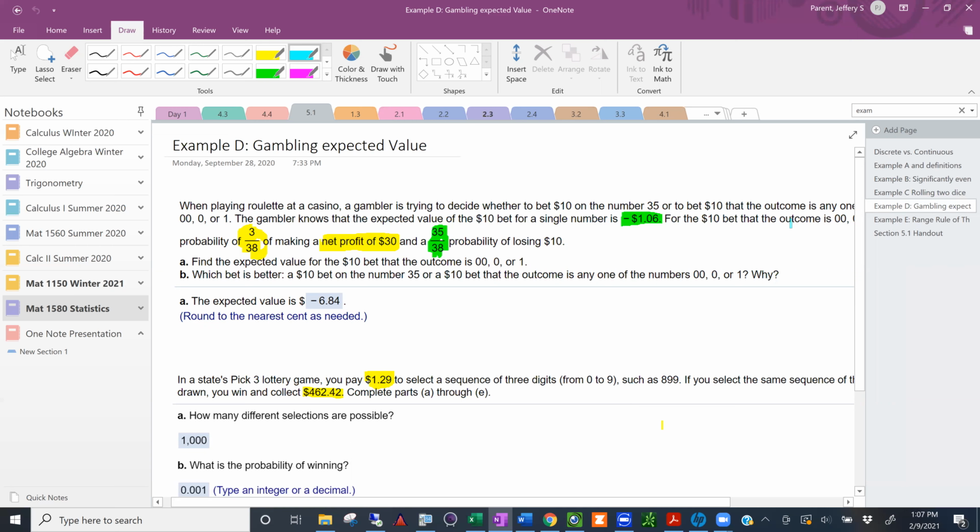For the $10 bet on 00, 0, or 1, you have a probability of 3 over 38 of making a net profit of $30 and a 35 out of 38 chance of losing $10. So there we go. Those are the two values we had to work with.